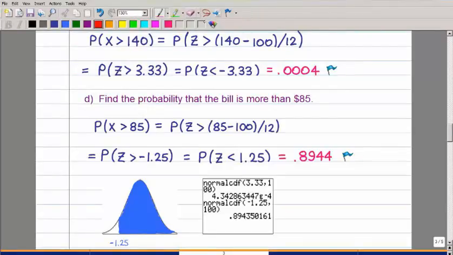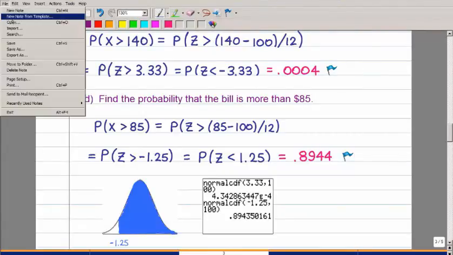So this number right here, that 4.34, blah, blah, blah, 10 to the negative 4 is 3 zeros in front of that number. So we're okay there. And then the one we just did, negative 1.25, comma 100, 0.89435, which would round to 0.8944.